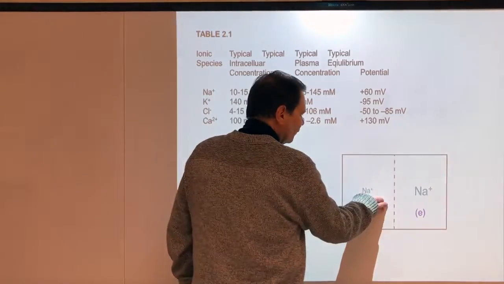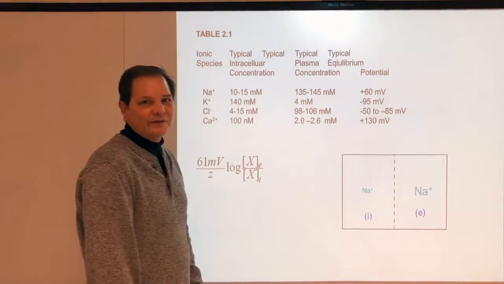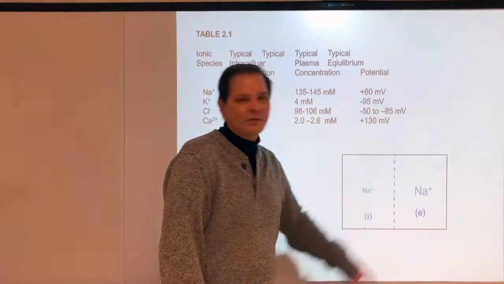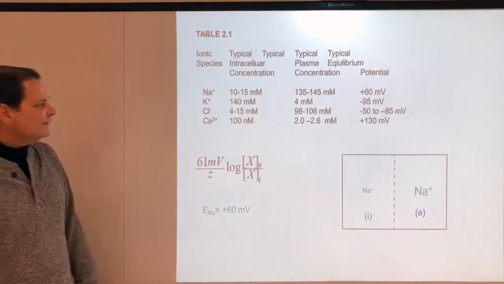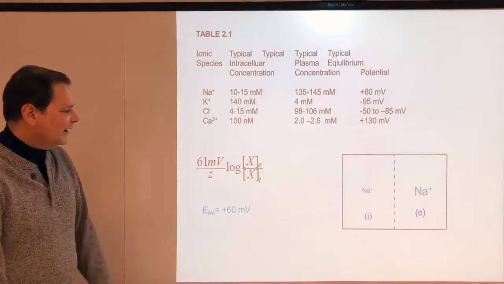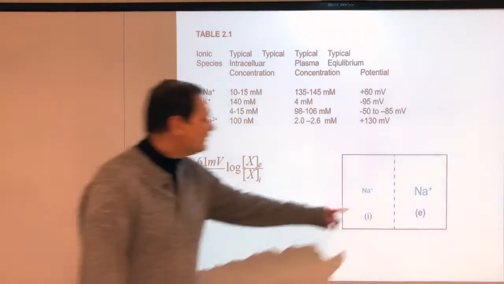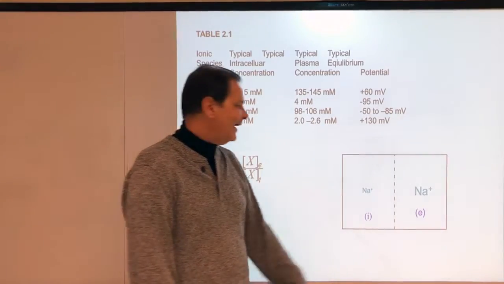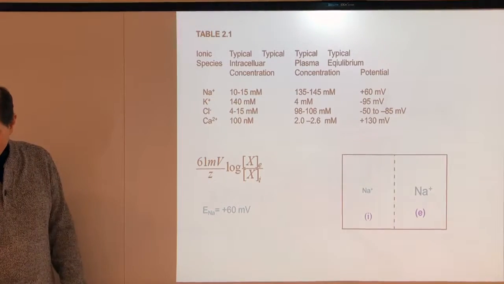The more positive the voltage inside, the more sodium is repelled and kept from crossing the membrane, and eventually you generate enough voltage that the sodium stops crossing altogether. You get roughly +60 physiologically. So the Nernst potential for sodium is roughly +60. It's positive because you're generating a positive voltage on the inside instead of negative, which is what you got with potassium. Those are our equilibrium potentials for sodium and potassium.